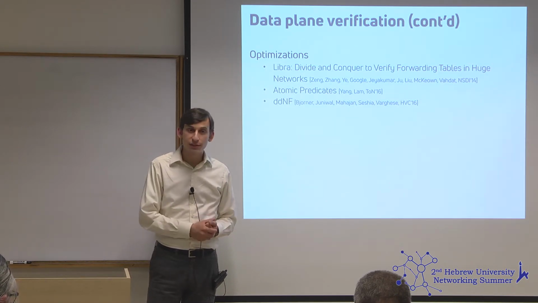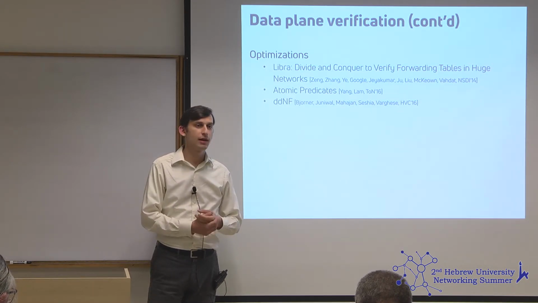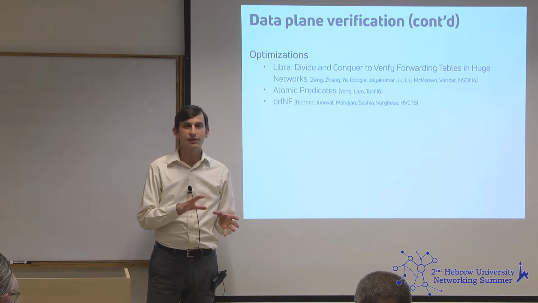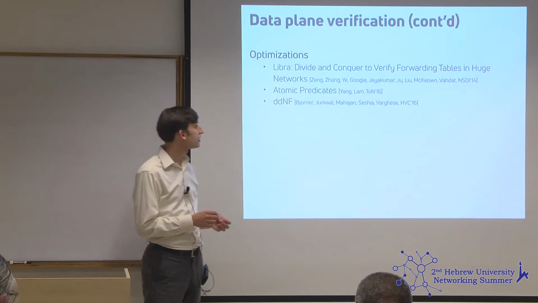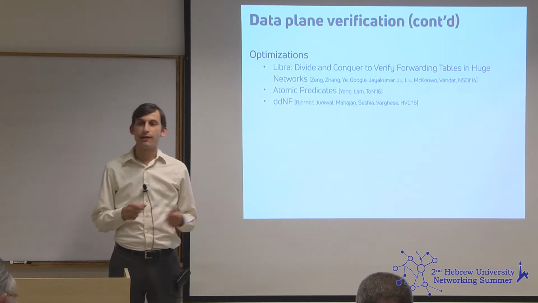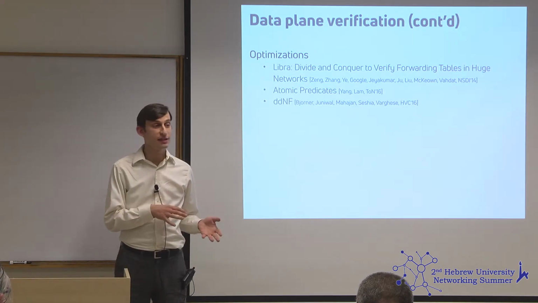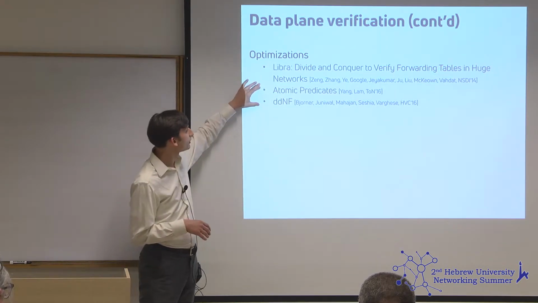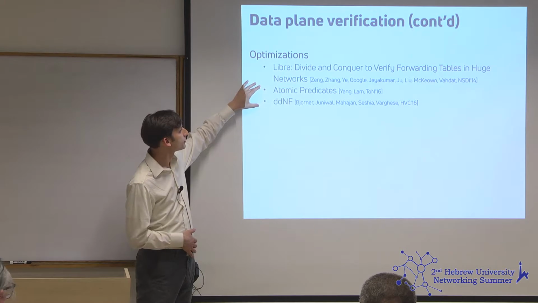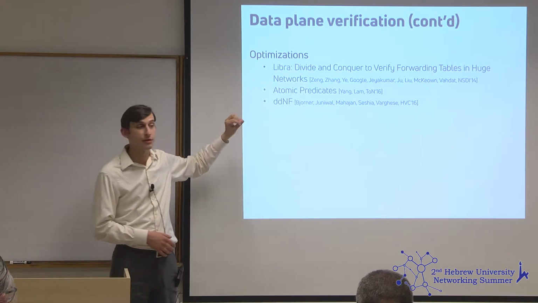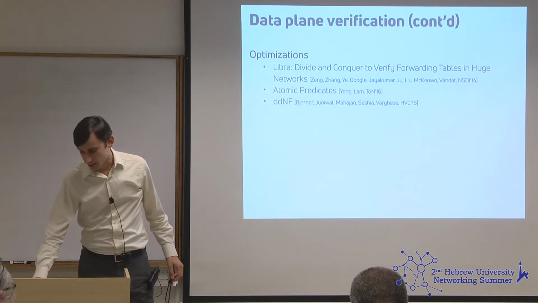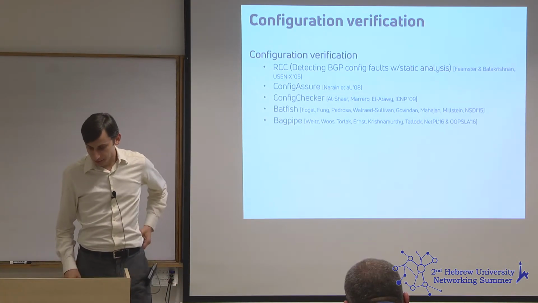In VeriFlow, we were describing sets of packets using ranges in this trie data structure. In HSA, there's this difference of cubes. And then these are alternate designs for how you deal with those sets of packets. So that's an algorithmic acceleration you can look at there.